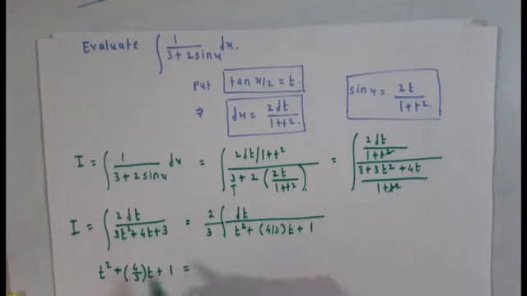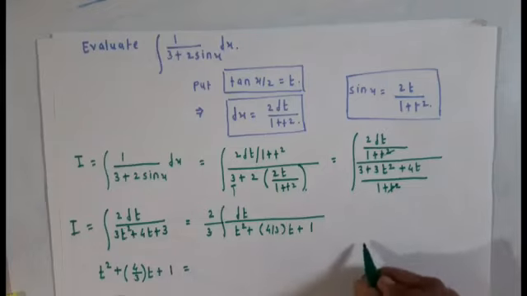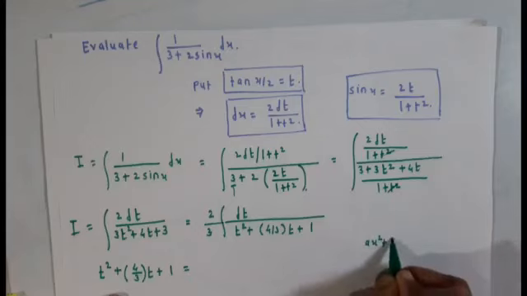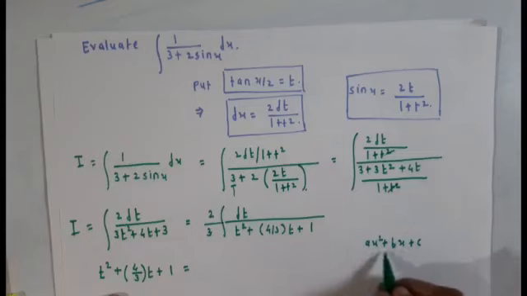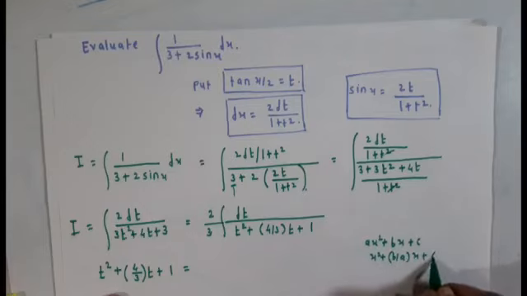We will just revise the formula. If this is the quadratic expression x square plus bx plus c, then we can write this as x square plus b by a x plus c.